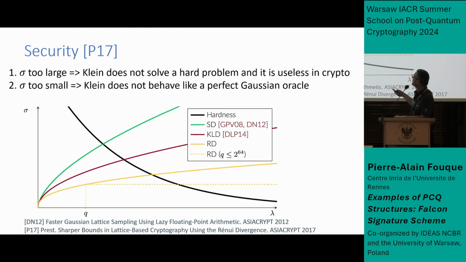Okay, and here you can see that we have a different curve that represents the distance between the ideal Gaussian and the Gaussian that we generate.